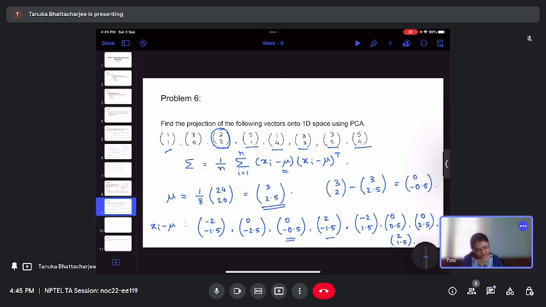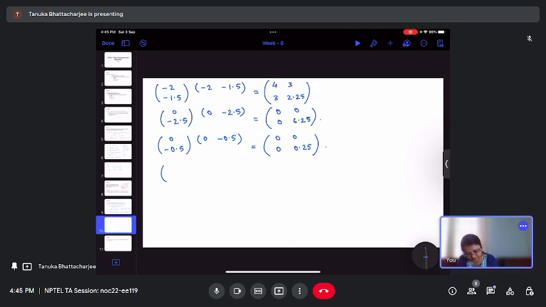Moving on to the fourth data point, 2, minus 1.5, and the transpose of that, we get 4, minus 3, minus 3, 2.25.